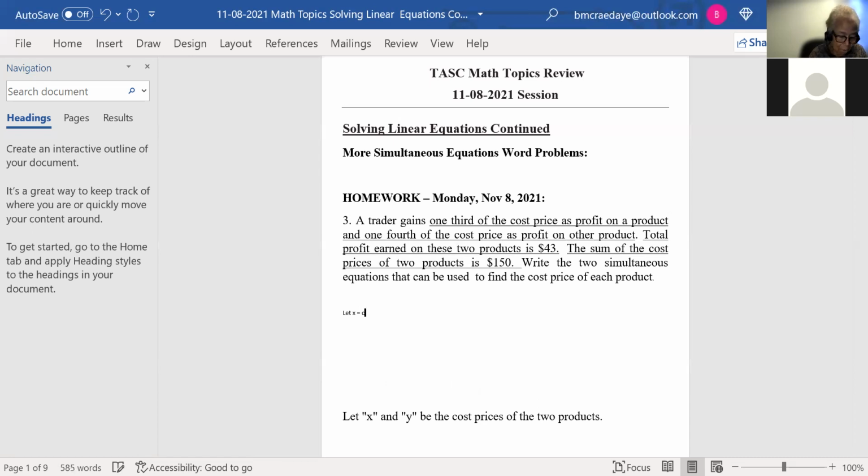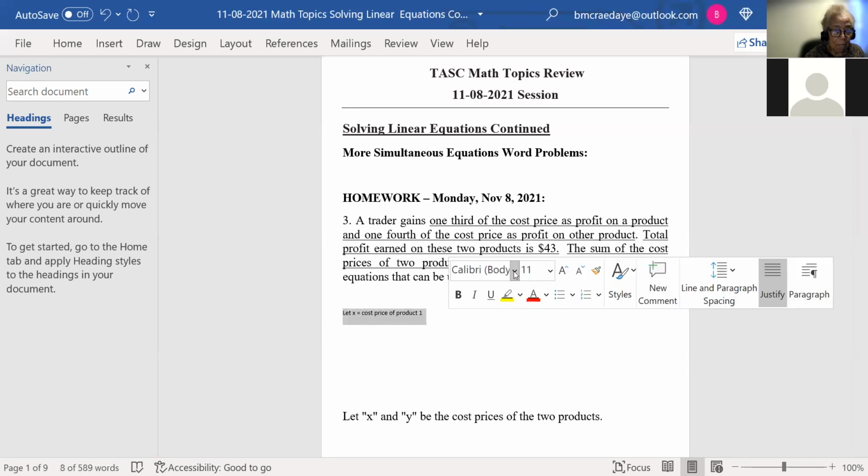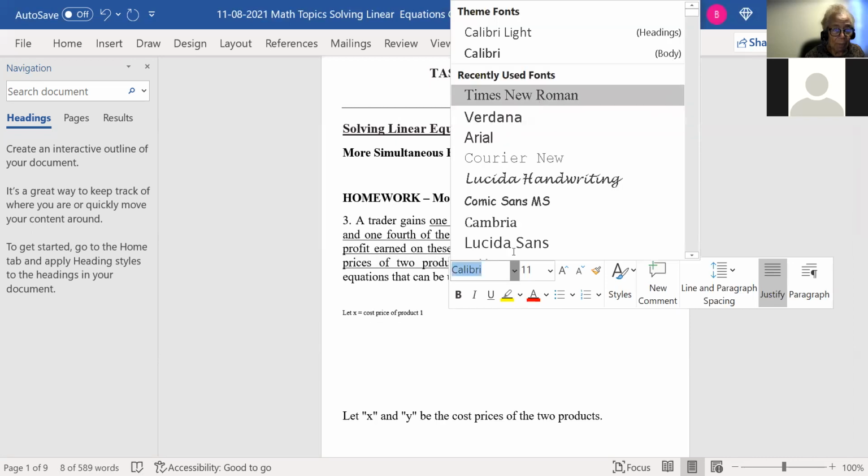Well, cost price. Let X equal the cost price of, well, we'll say product 1. So we have 2 products, right? I'll make that bigger so you can see it. Let X equal the cost price of product 1.